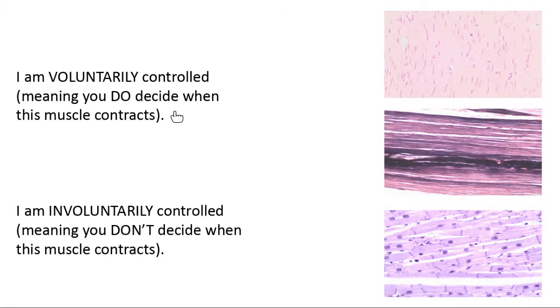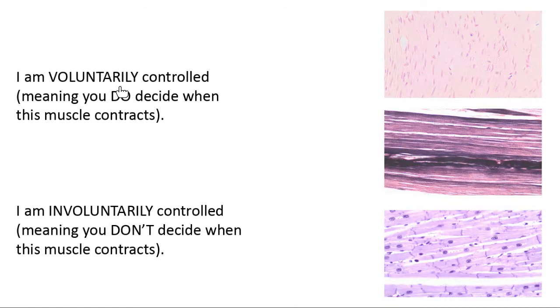Yeah, so Kai's mentioning something that we decide when it happens. What we decide when it happens is body movements, right? So when you're taking notes, when you're typing your answer, when you're getting up and walking away, all of those are things that you decide to do. Which type of muscle tissue helps us to do those kinds of things?